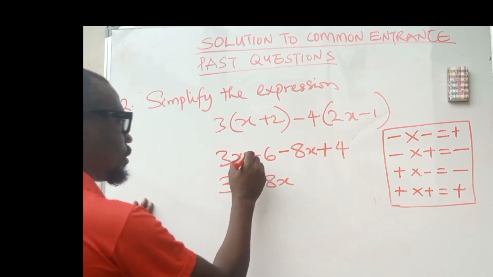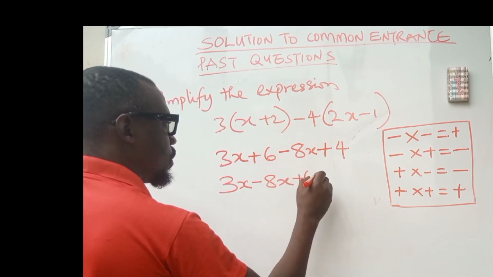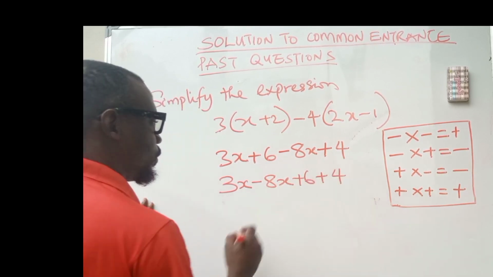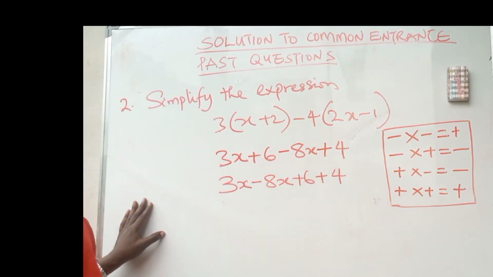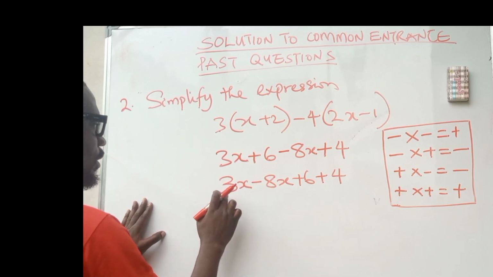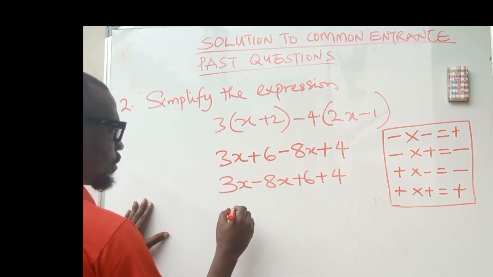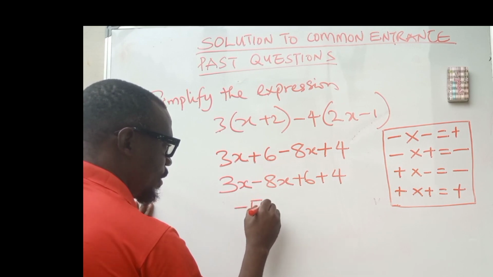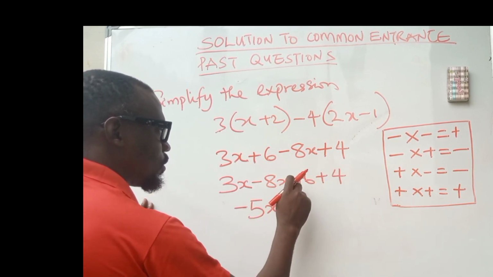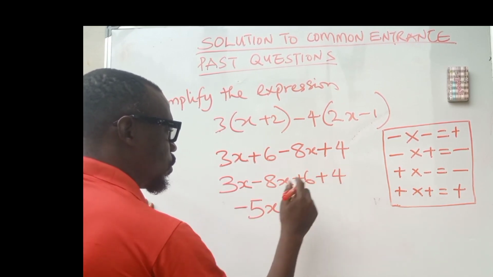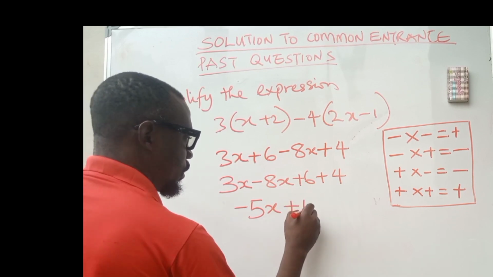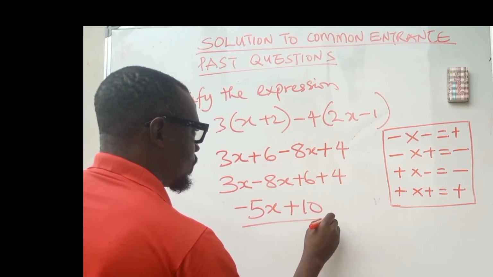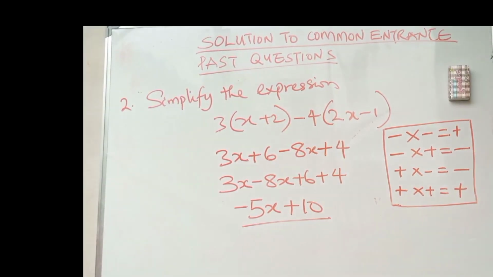These are together, then plus 6 plus 4. Now, we are going to subtract 3x from 8x. That will give us 5x. Then plus 6 plus 4 will give us 10. That is the answer.